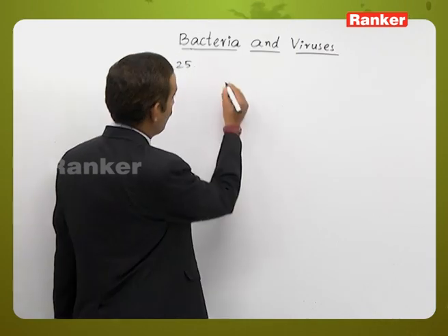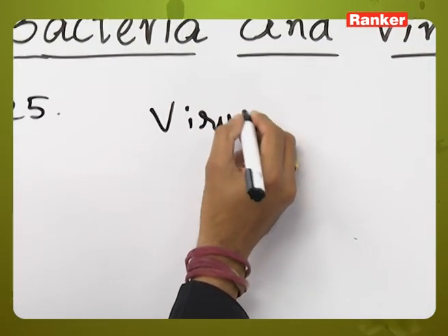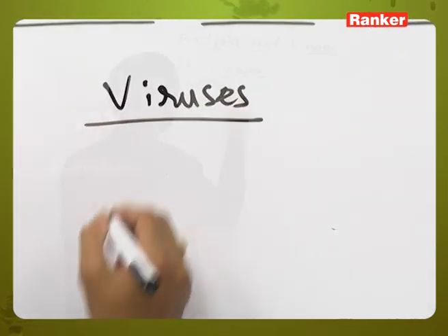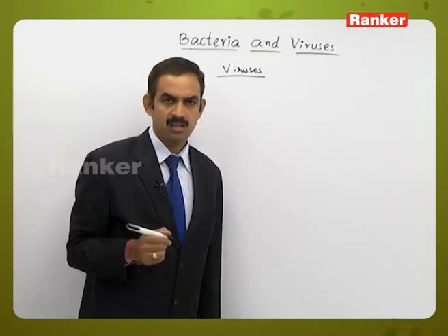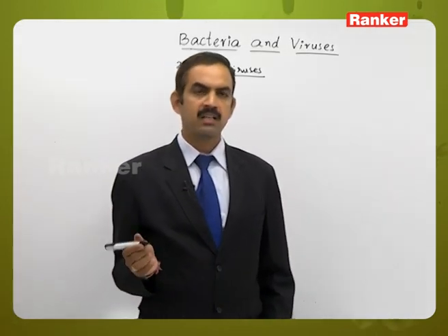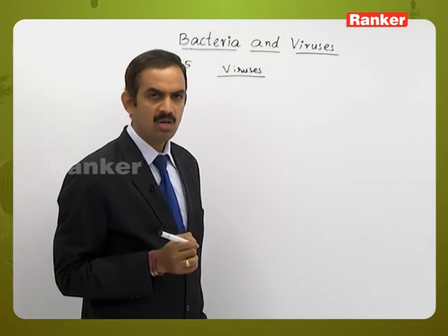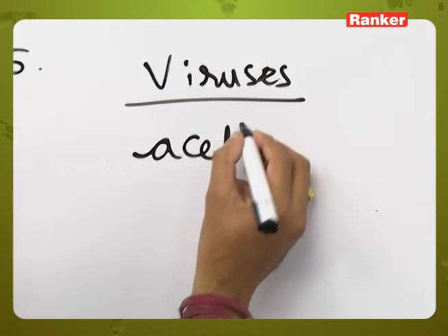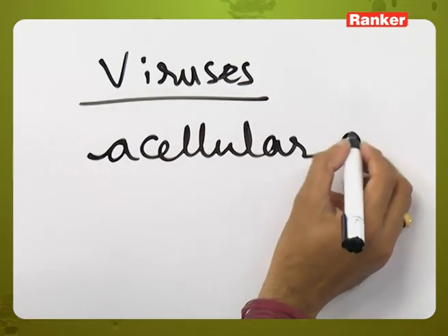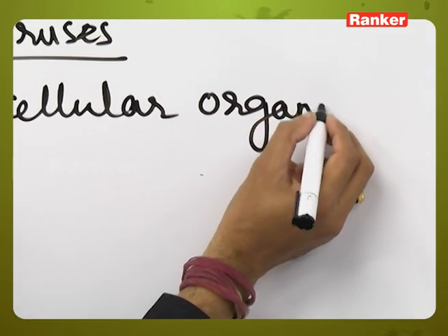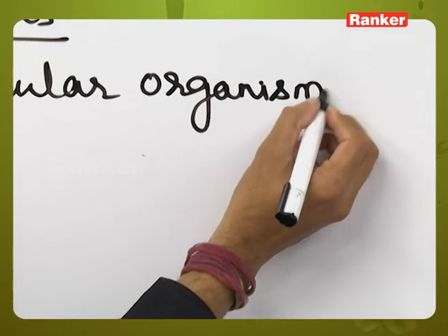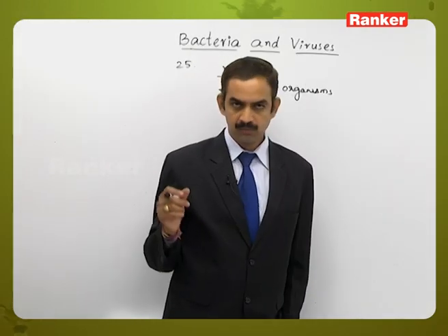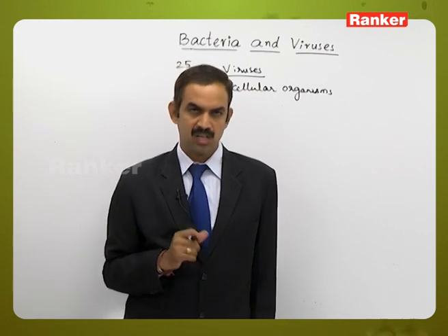So here viruses are the organisms which have some specific characters, that is these are called obligate parasites, and these do not have cellular organization, or we can say these are acellular organisms. When we call them acellular organisms, they lack cellular structure.